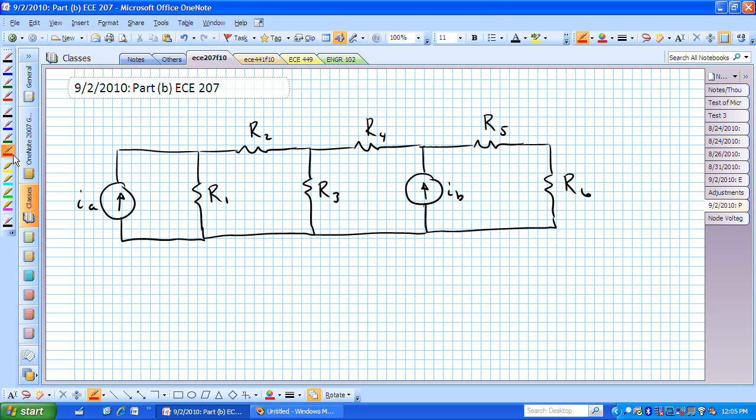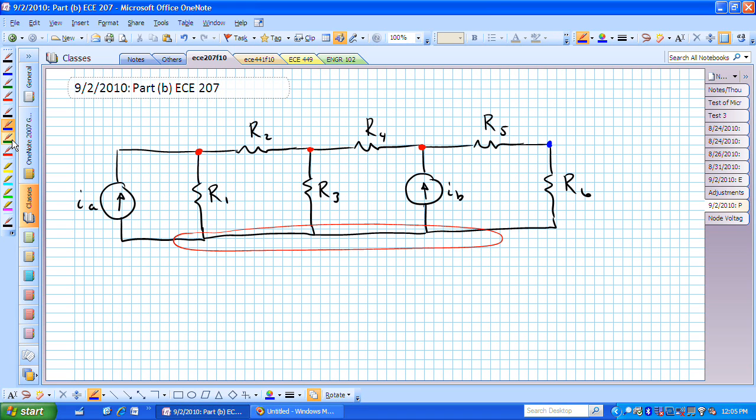Last time we had defined node voltages based on the nodes in the system. We identified our common node or ground node as the bottom node. We labeled that a node, that a node, and this a node. We could have put another node right there, but really what you want to do is simplify the analysis as much as possible.